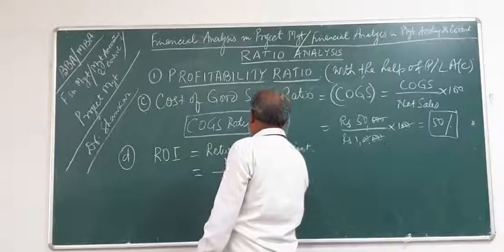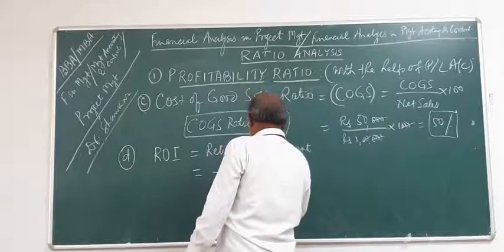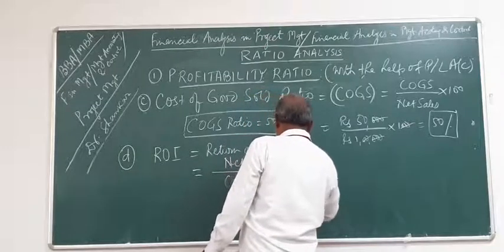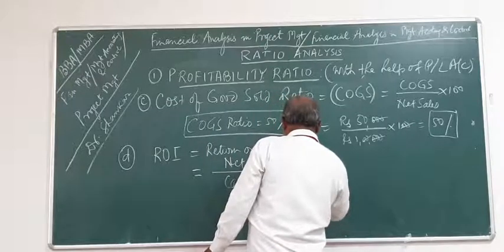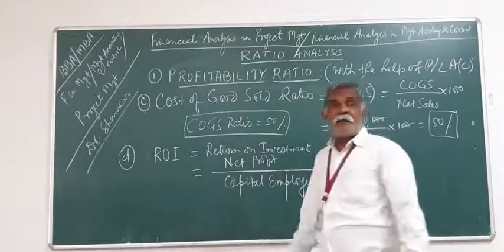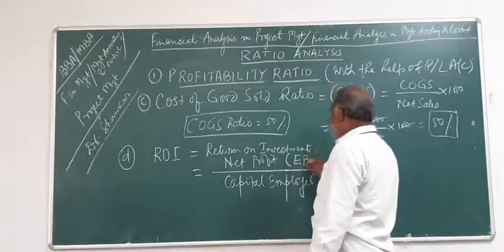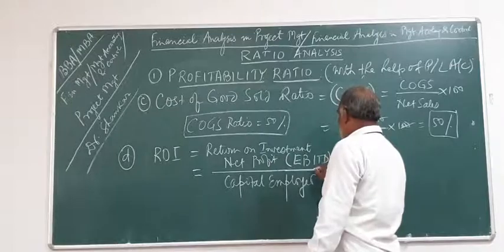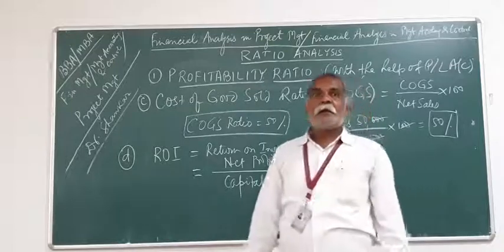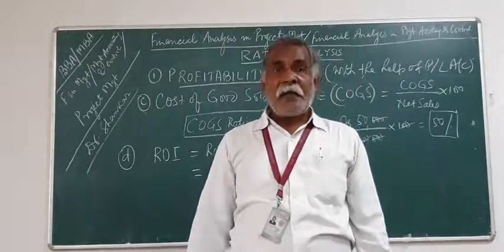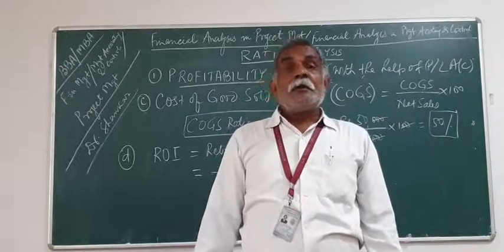Net profit divided by capital employed. Is that clear? And what is this net profit? I will discuss EBIT. EBIT is the net profit. Okay. So this is your return on investment.